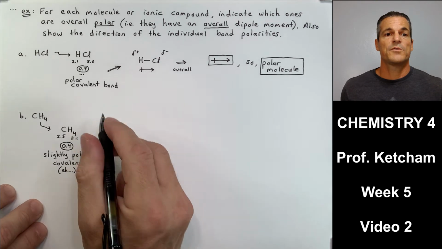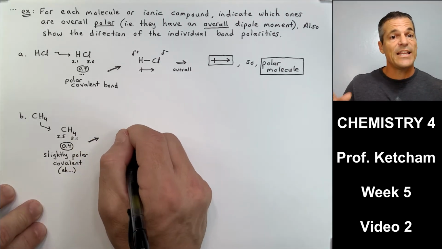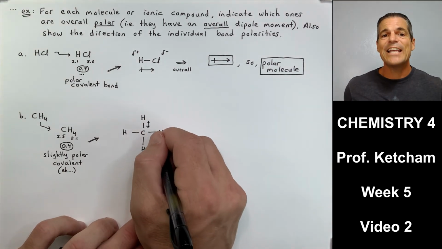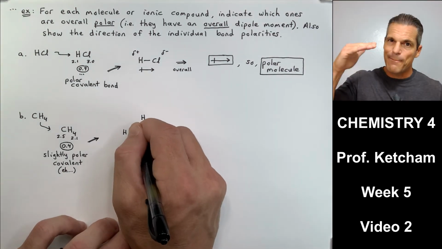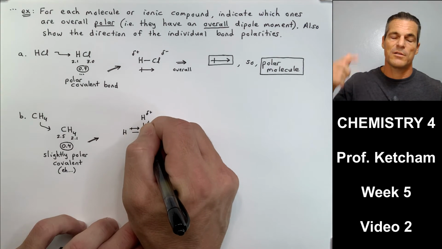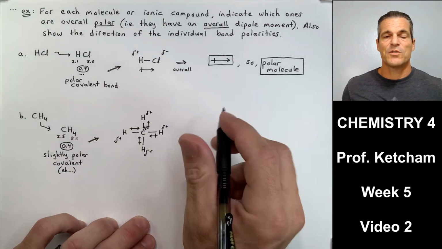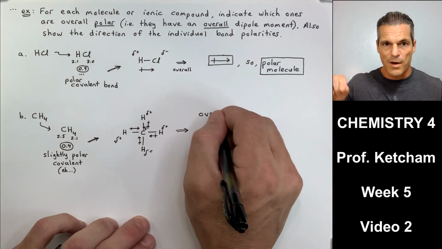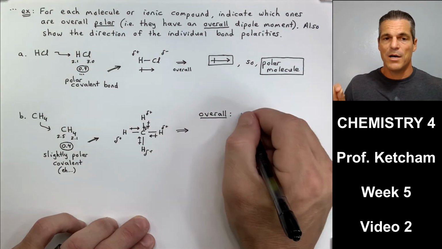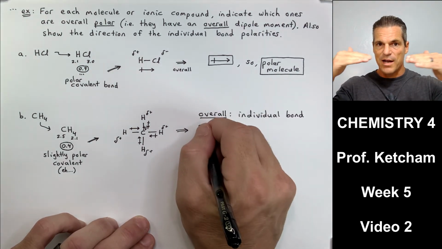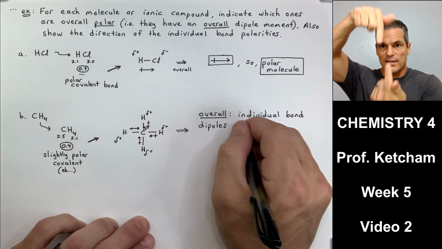B, CH4. The difference between the carbon and any of the four H's is 0.4. So it's slightly polar covalent, right? It's above that 0.3 threshold on the chart at the top of the last page. So I'm drawing all these little individual dipoles, these little individual bond polarities, but overall, these two are going to cancel each other out, and then the top two cancel each other out.